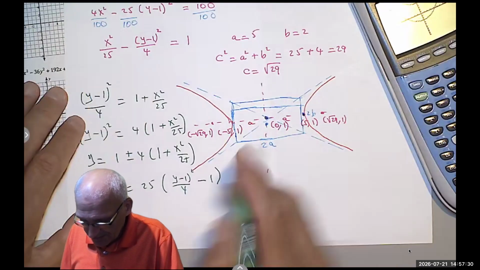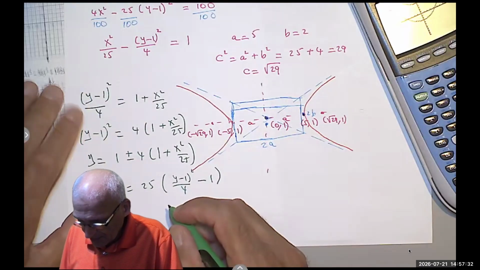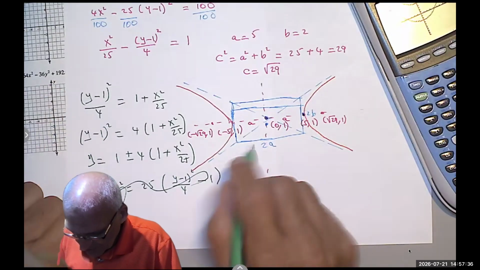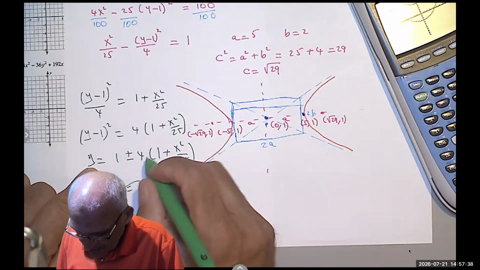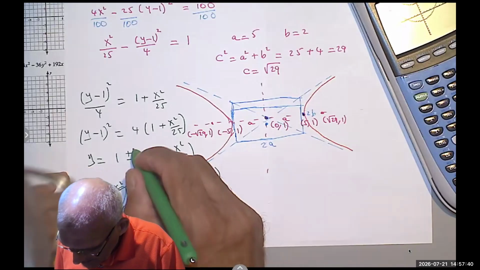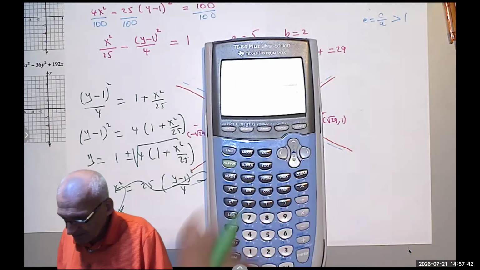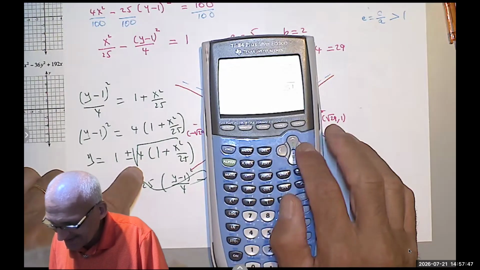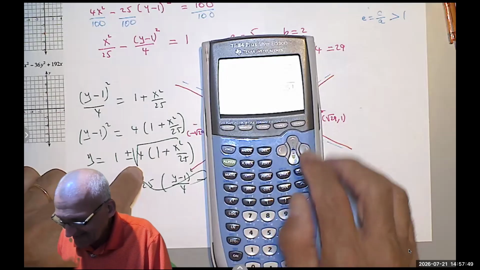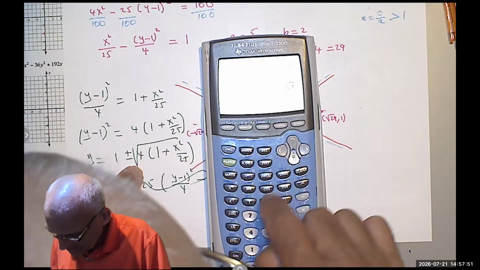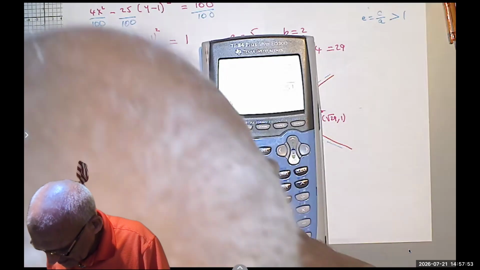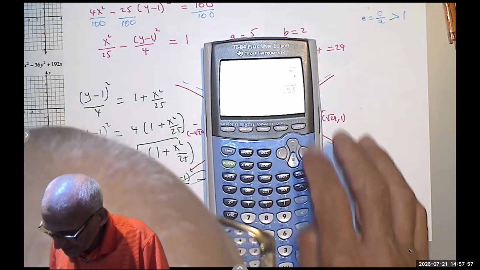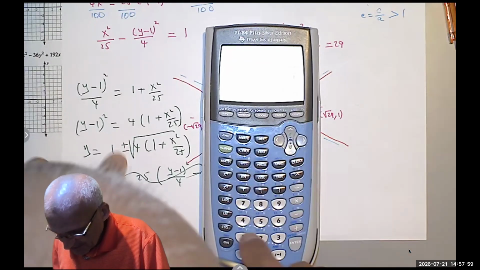This is terrible. Oh, I didn't even take the square root. Oh my God. Why did I do that? There's no reason. Oh no, it's not going to work. Square root. No, clear. Let's see if I can do it.